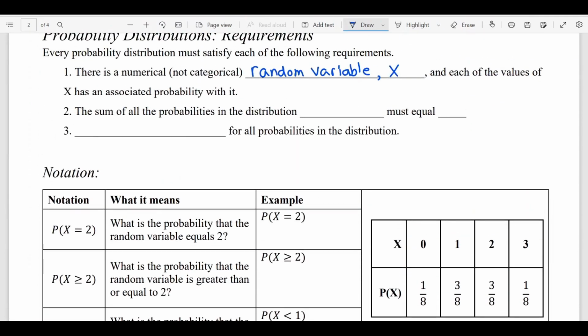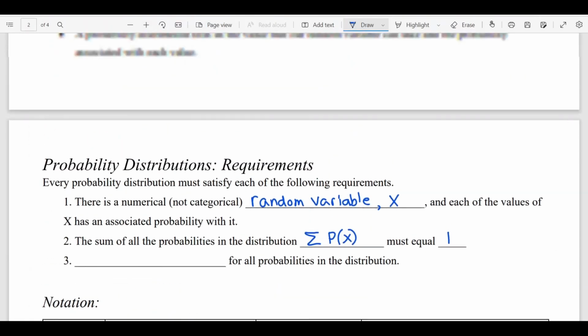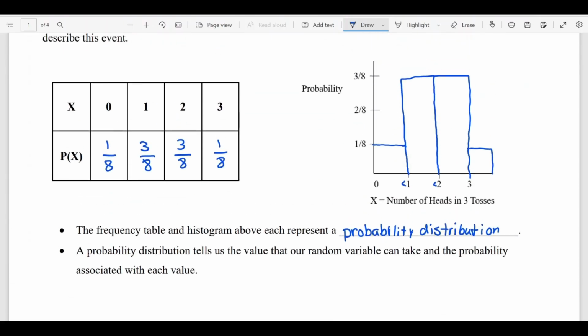Okay. The sum of all the probabilities, what we call sigma of P of X. If you add up all the probabilities in the probability distribution, it must equal 1. Okay, so if we go back up here and look at this frequency table, if you add up all of those probabilities, you'll see that they all add up to 1, okay?